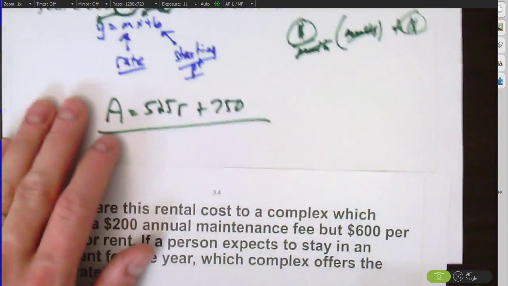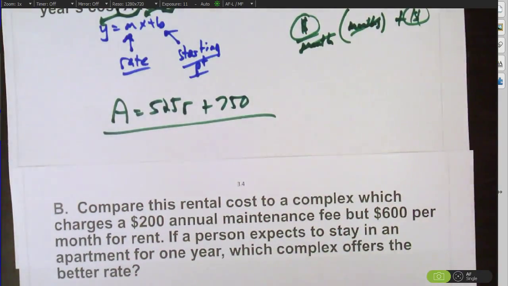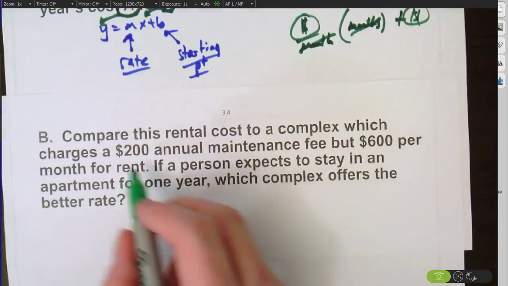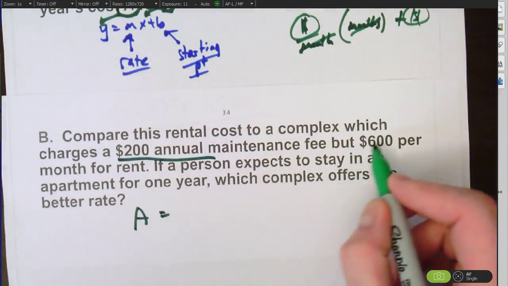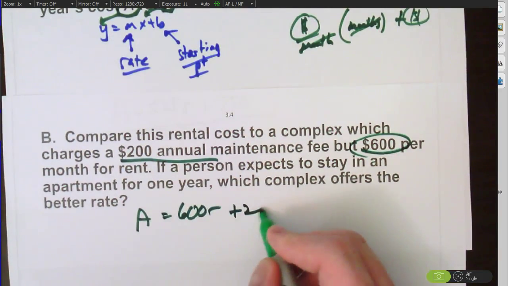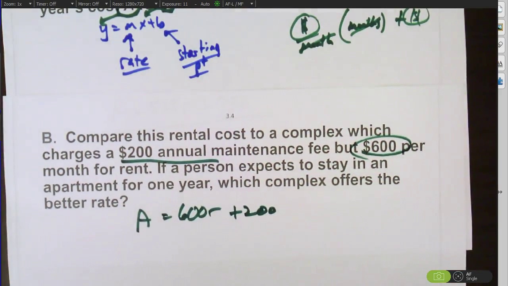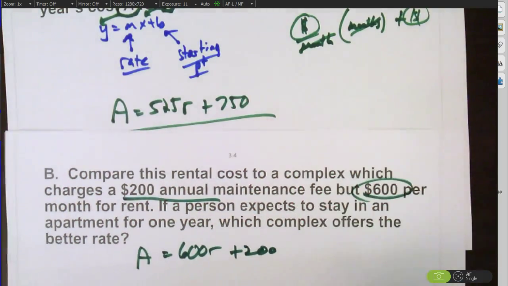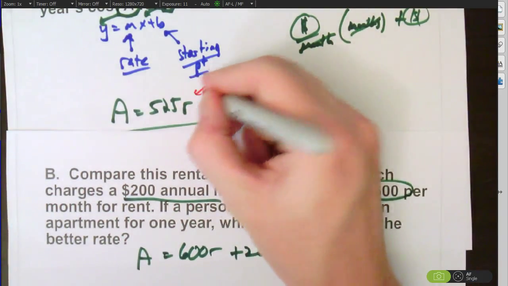Well, this is the same thing, except this one is $200 for the annual fee and $600 per month. So it'll be $600R plus $200. What they want is to compare which one's better for a year, which means I need to plug in 12 for R, because that's how many months are in a year.